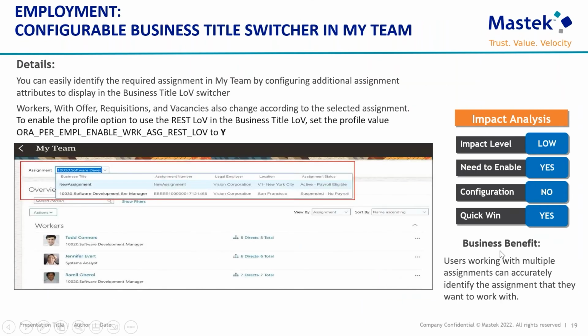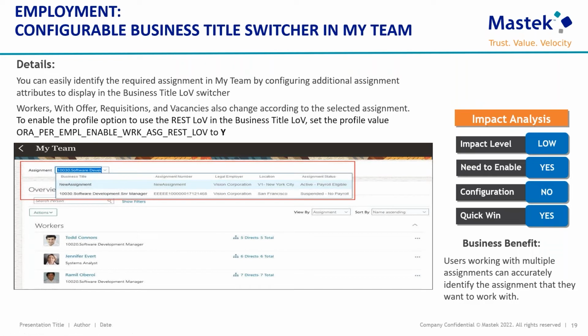Now, the other feature is configurable business title switcher in my team. So as you can see in the screenshot here, we have now business title available in my team also.